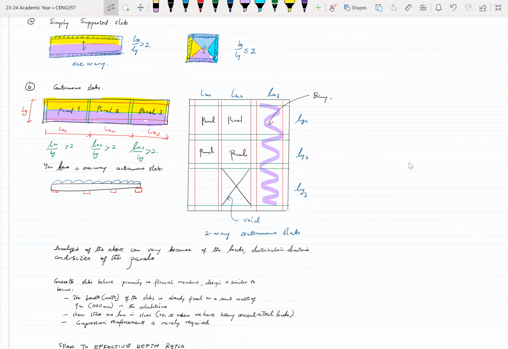And I did mention that slabs are, or in terms of slab design, generally the design is similar to that of beams. Very similar to that of beams. So whatever we've done with regards to beam design, we do something very similar to slab design.